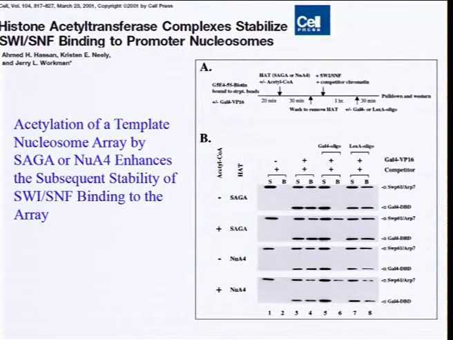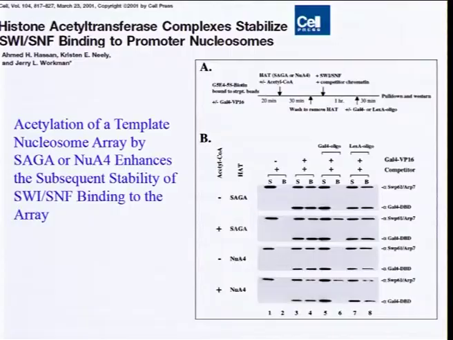In this paper, we showed that acetylation by either a histone H3 acetyltransferase SAGA or an H4 acetyltransferase NuA4 can affect the retention of another chromatin remodeler called SWI/SNF to templates, to promoters. So in the presence of acetylation, this complex is recruited, but not in its absence. The same result is observed when an H4 histone acetyltransferase is used.